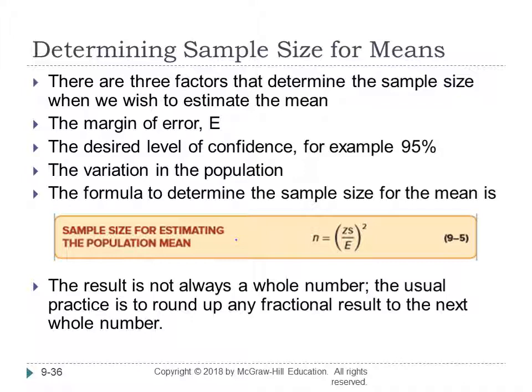S is the standard deviation, and E is the margin of error. Of course, that number will not be a whole number. The practice is to round up any fractional result to the next whole number. Round it up. We will do an example or examples to see how to estimate the size that you need for a sample for a population mean.